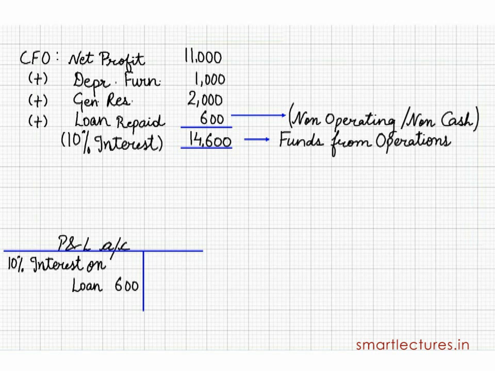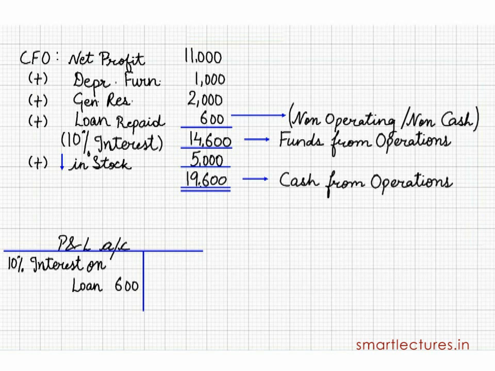So funds from operation 14,600 plus stock, because there was a decrease in stock of rupees 5,000. If there is a decrease in the current asset, that is added back to net profit. Total 19,600. So cash from operation is 19,600.